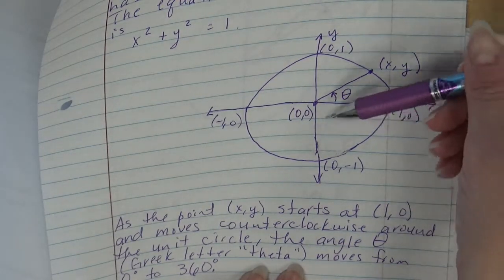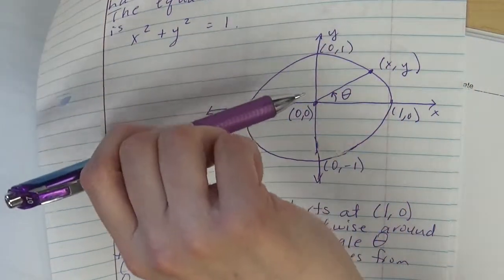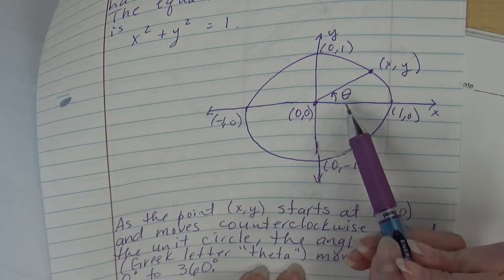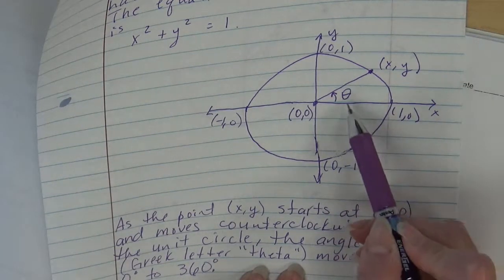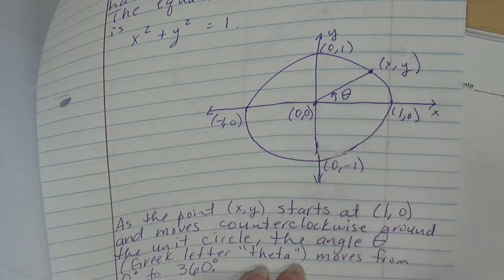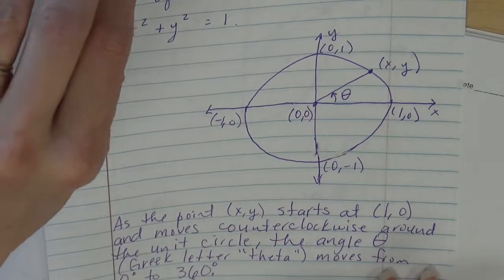As this opens up wider and wider as it goes around, the angle goes from 0 to 360. This is the Greek letter theta that we're using to represent our angle. So that's what the unit circle is: just a circle with radius 1 centered at the origin. All right, and then we'll go to the next page.